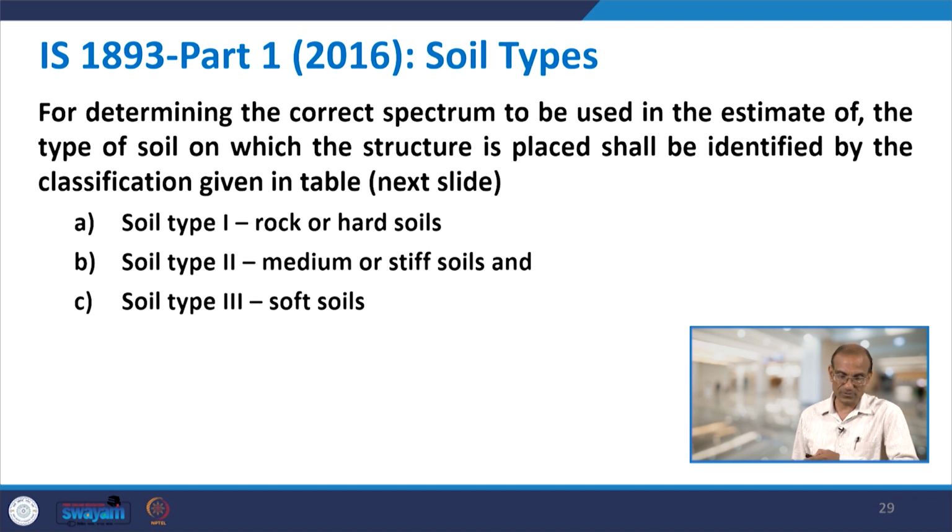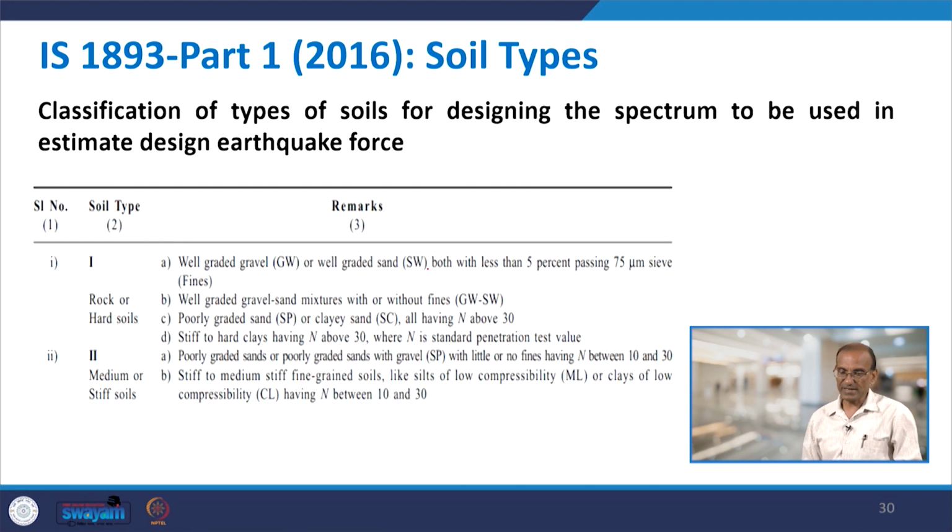That is also given in the code itself. Therefore, to determine the correct spectrum to be used in the estimate, the types of soil on which the structure is placed shall be identified by the classification given in the table.